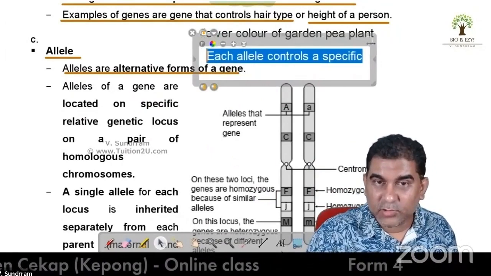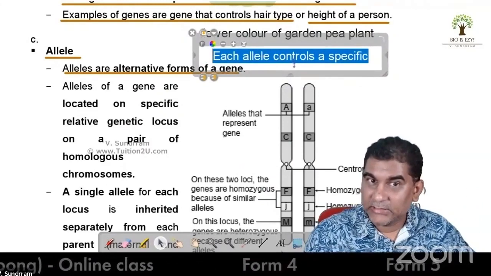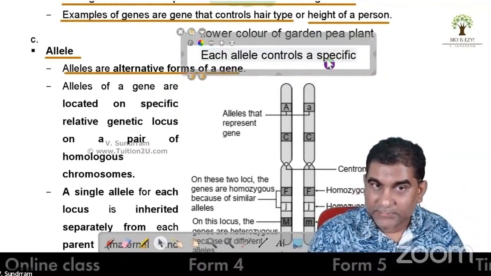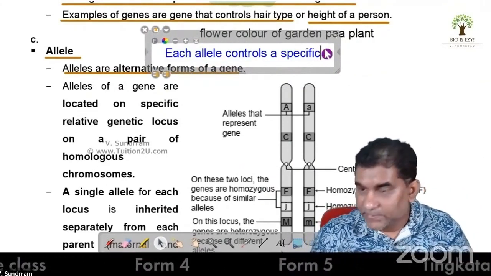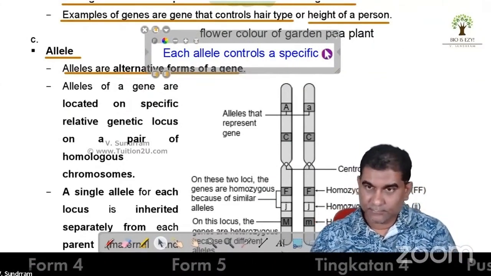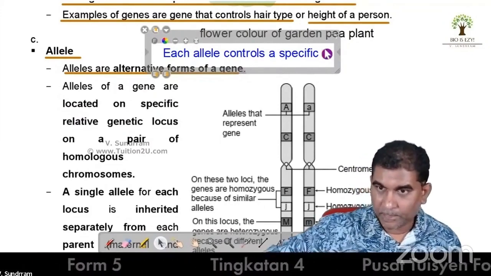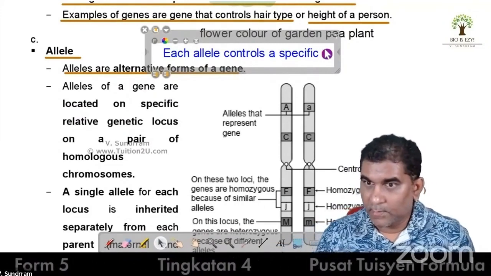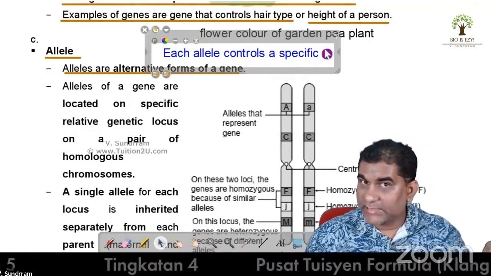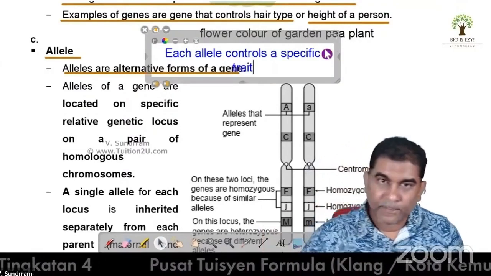Because the gene controls the characteristic. The allele controls what? Something starting with T. Gene controls characteristics. Allele controls trait.